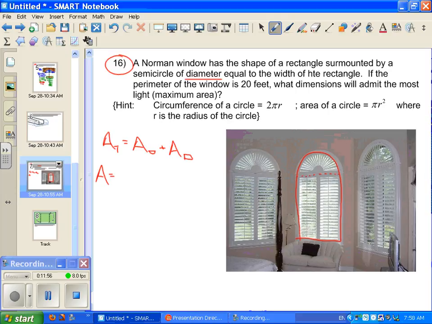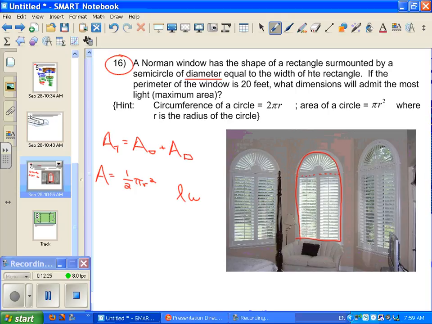All right, so now, how do you find the area of a rectangle? Okay. And then what's the area of a circle? Pi r squared. Semicircle? Half of that. So we're going to have 1/2 pi r squared.